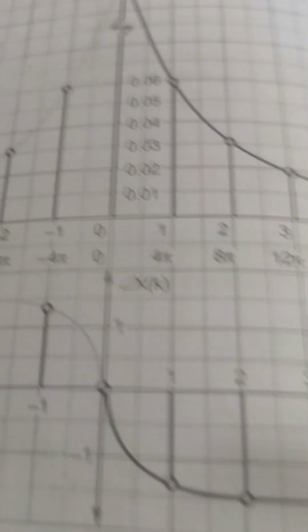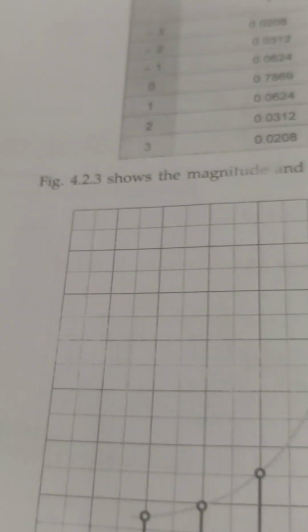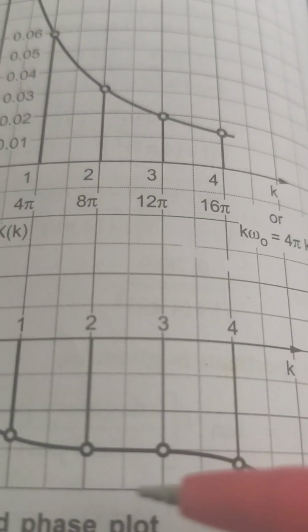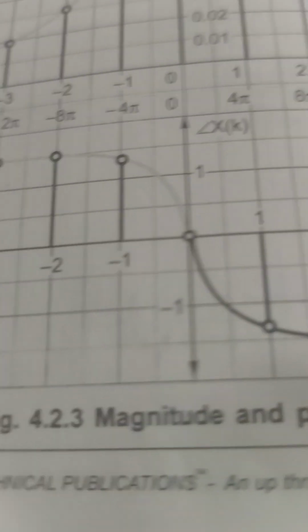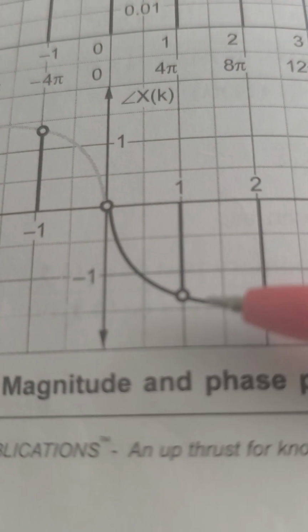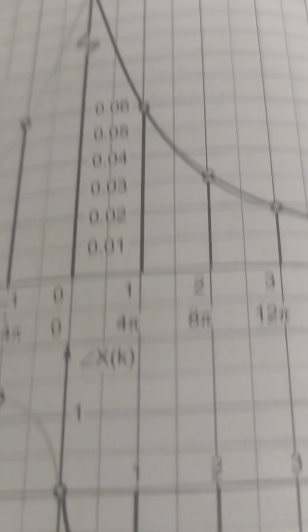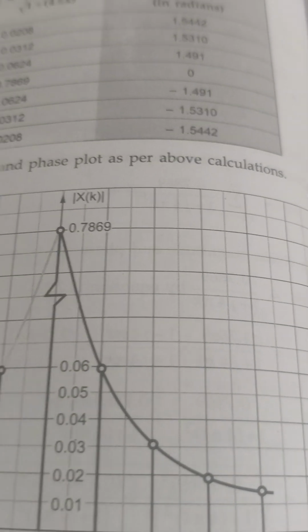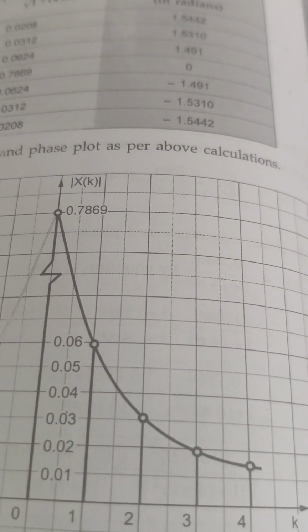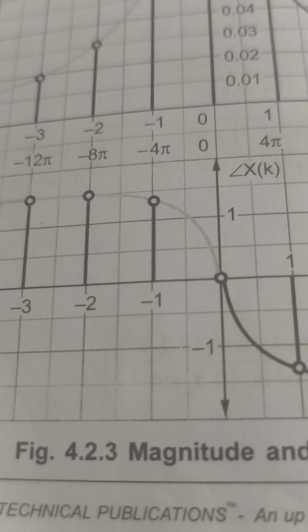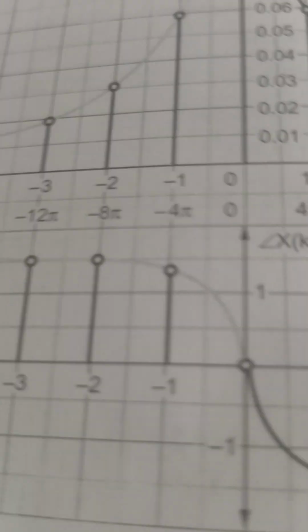For 1 it is minus 1.4. For 2, it is minus 1.5. Then for 3, on the positive x-axis the values are on the negative side of the y-axis. Therefore, for 3 it is minus 1.5. Like this, we can substitute the values.